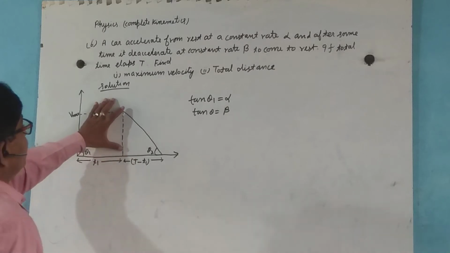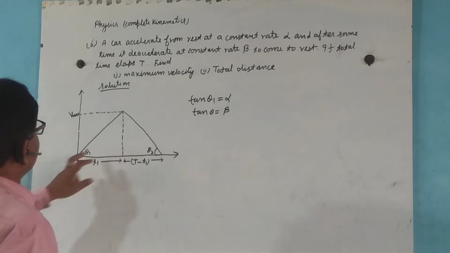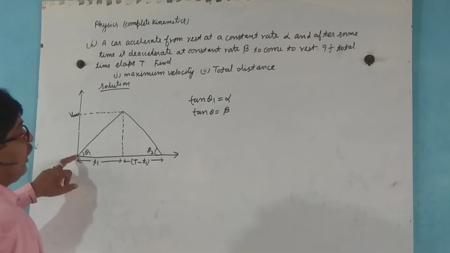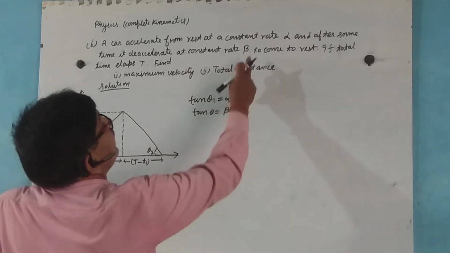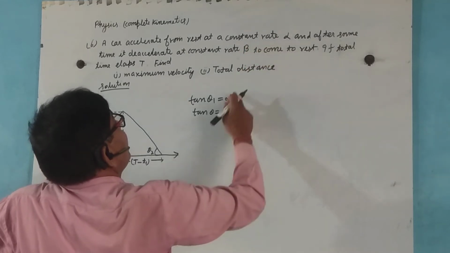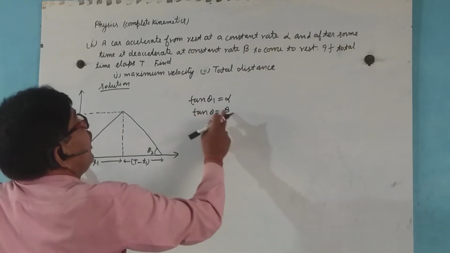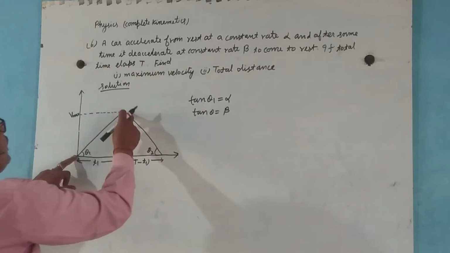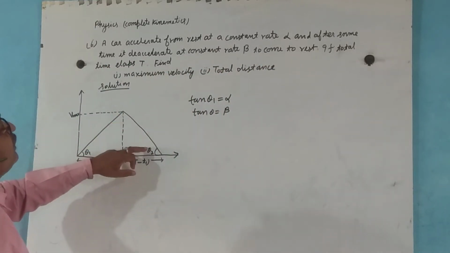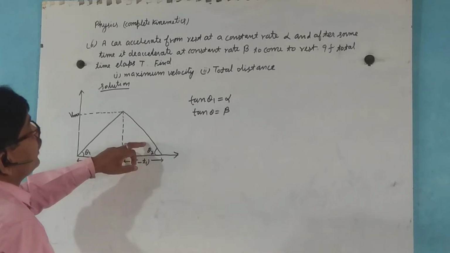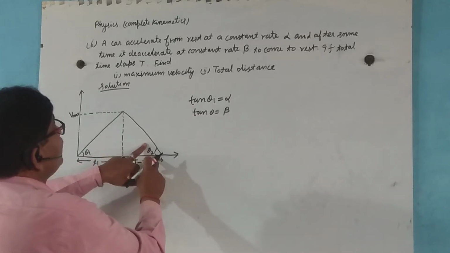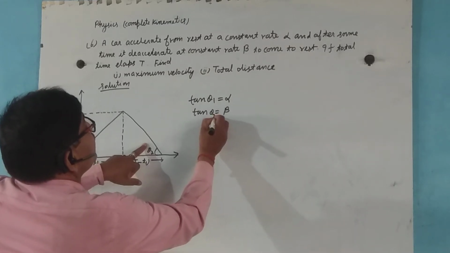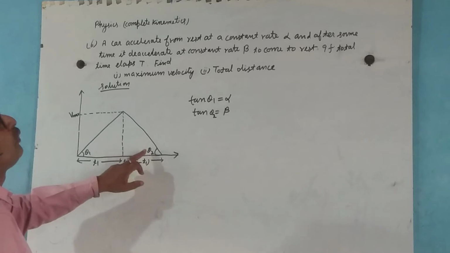Solution: a car accelerates from rest at a constant rate alpha, so acceleration alpha equals tan theta 1, and after some time it decelerates at constant rate beta, so tan theta 2 is equal to beta, to come to rest.